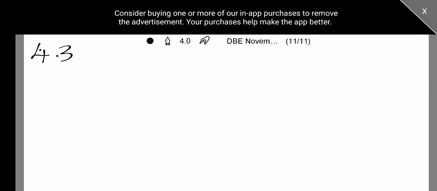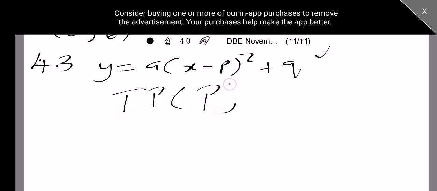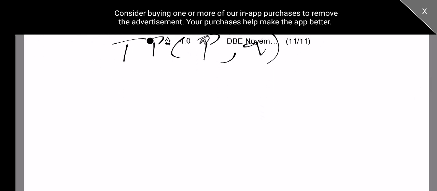Now let's start with completing the square, because remember, vertex form is this form: y equals a times x minus p squared plus q. In this form, the turning point TP is (p, q). But remember, we are not given the equation in vertex form, so let's convert it to vertex form.